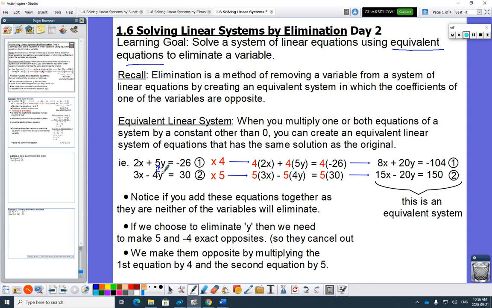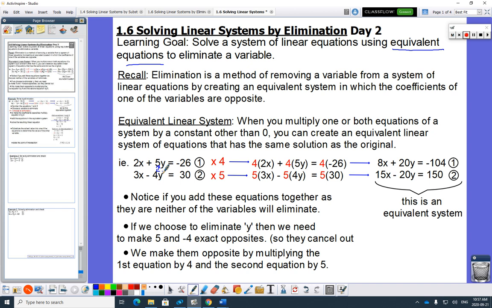So just make sure what you do to one, you do to them all, okay? Now, this is called an equivalent system; we could divide by 4, divide by 5, and get our originals back, okay? So now, when we add them together, the y's, we're going to get 0y.